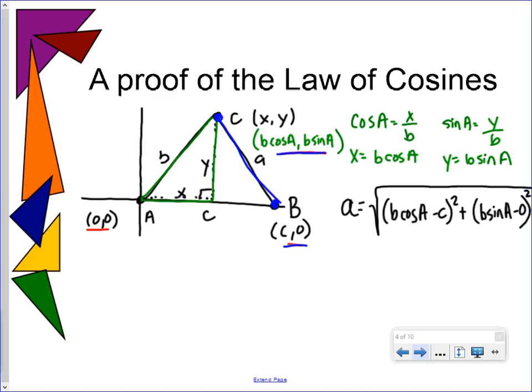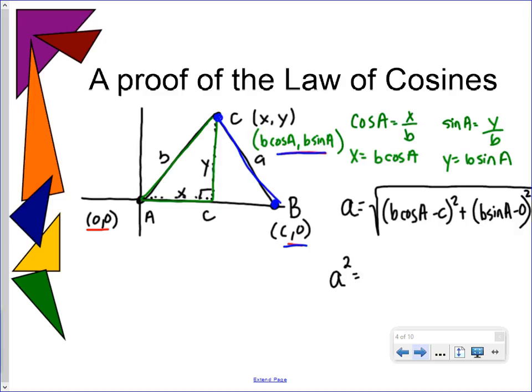We okay with this? Okay. Now, I don't really like having that radical hanging out there while I got to do all this work, so I'm going to eliminate the radical from the right side by squaring both sides, which means this is no longer a, this is a squared.